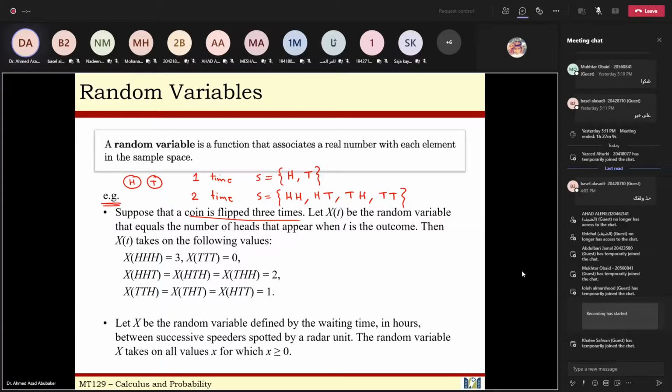But if you flip it 3 times, the sample space equals 8 outcomes.